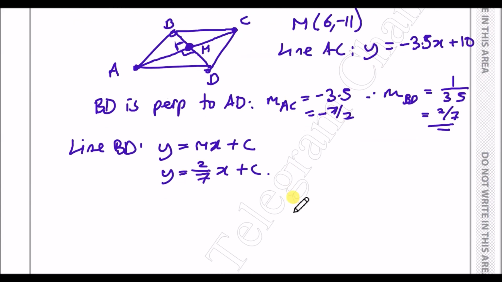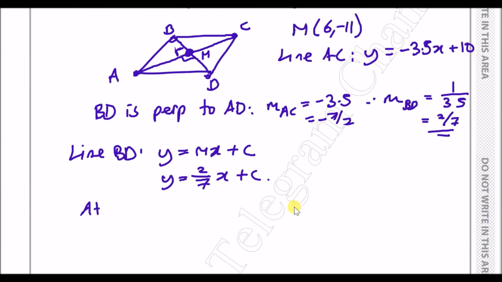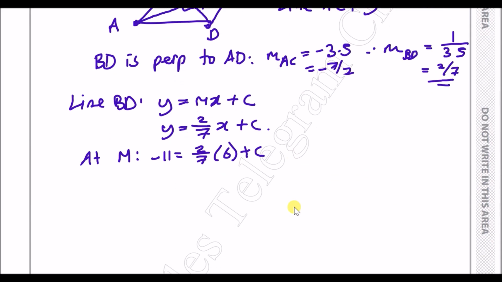At point M, which is (6, -11), replace y with minus 11 and replace x with 6, and make c the subject. 2 over 7 times 6 is 12 over 7, plus c. To find c, just subtract 12 over 7 across. So c would be minus 11 take away 12 over 7.